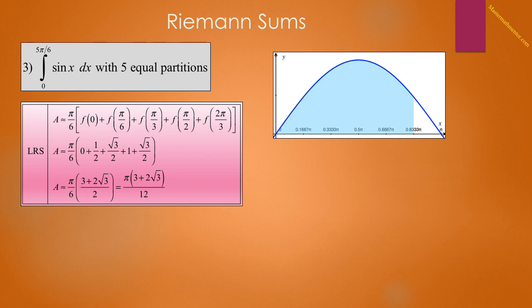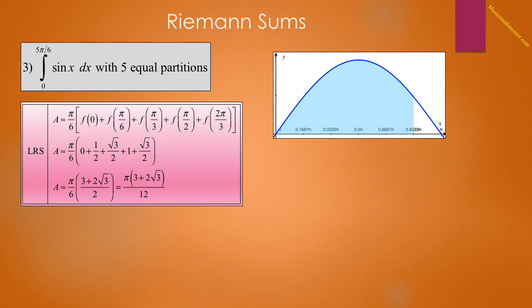So for the LRS, A is approximately equal to pi over 6 times f of 0 plus f of pi over 6 plus f of pi over 3 plus f of pi over 2 plus f of 2 pi over 3. And for all the f's, you're taking the sine of those angles.